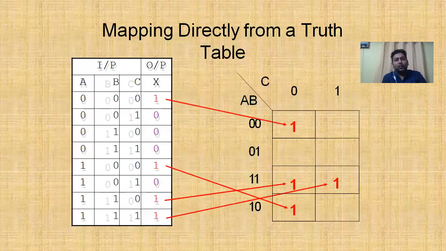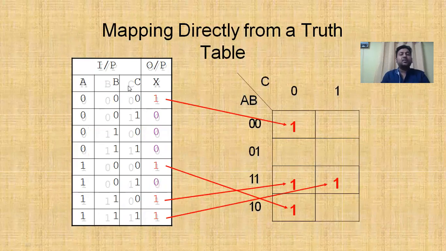Now how can we map directly from a truth table to a K-map. This is a truth table given to us, with A B C. How can we write a truth table for 3 variables?